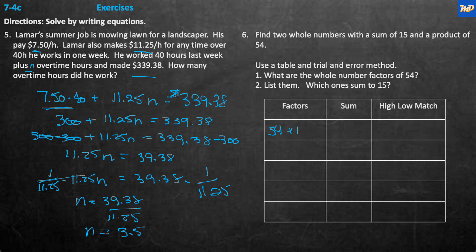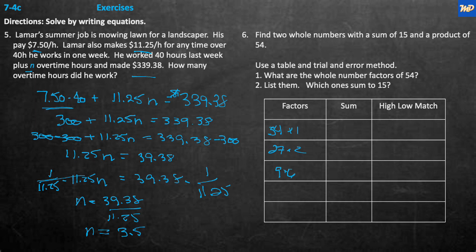And then we have 27 times 2 is 54. The next one is 9 times 6 is 54. And any lower than that, we're going to get a 6 and go up, so they're all going to be reversing.